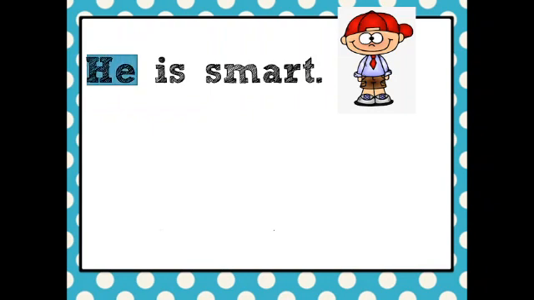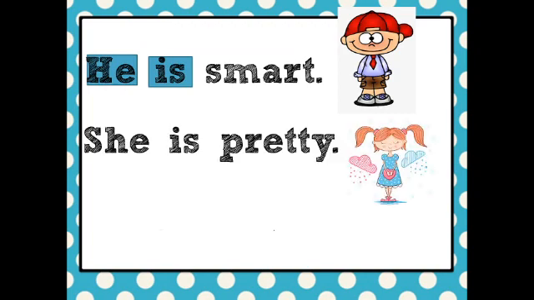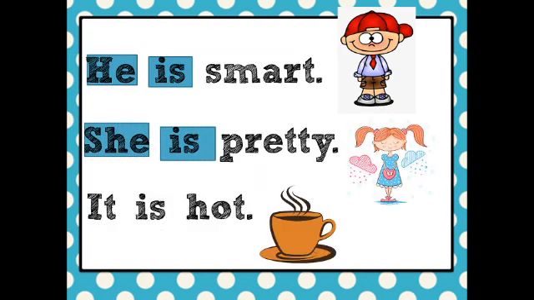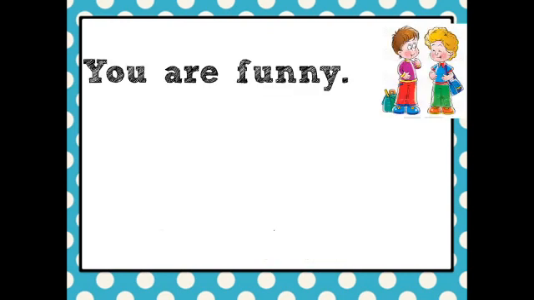He is smart. He, one. And for one we use is. She is pretty. She is for one girl and for one we use is. It is hot. It for one thing and for one we use is. You are funny.